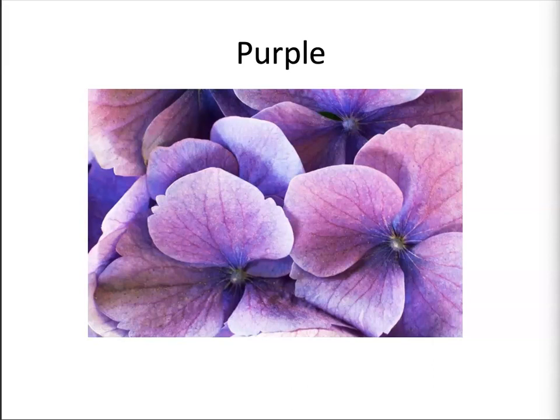Purple. Purple is one of the most rare colors to be found in nature. And therefore, there's a lot of interesting things that are associated with the color purple. Because it's so rare, it's attached to supernatural things and royalty, which is also fairly rare.